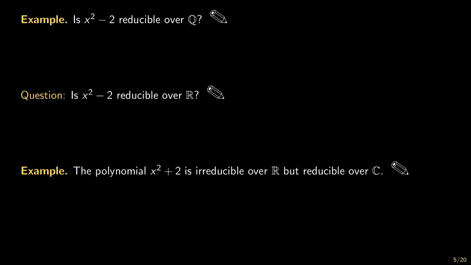However, this polynomial is reducible over C because I could express this as x plus square root of 2i times x minus the square root of 2i. Meaning to say, I need complex numbers to be able to factor this. Okay?